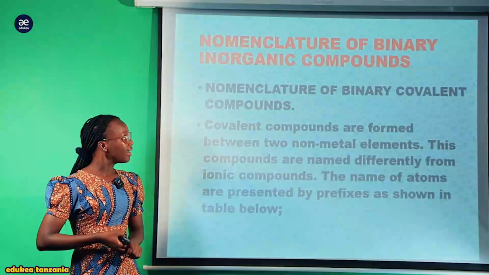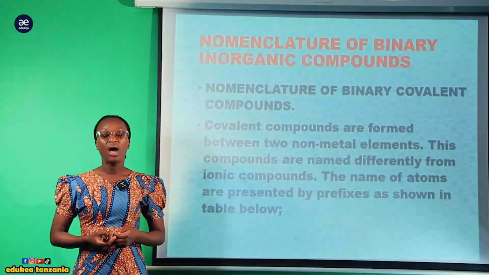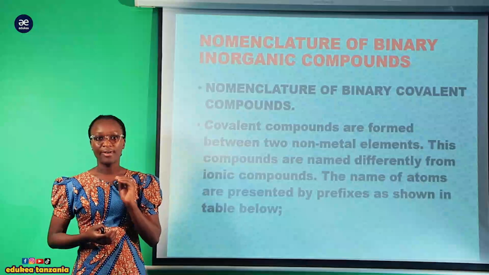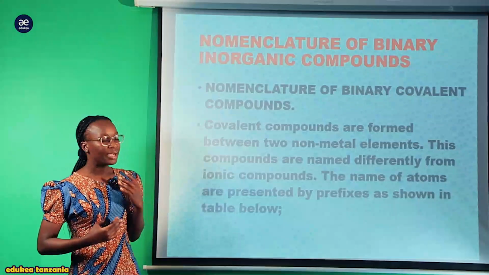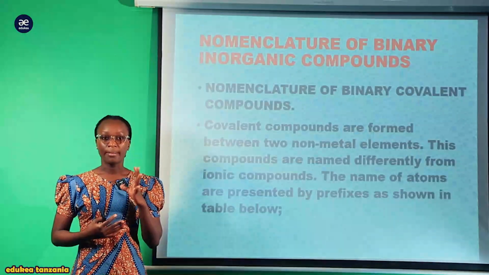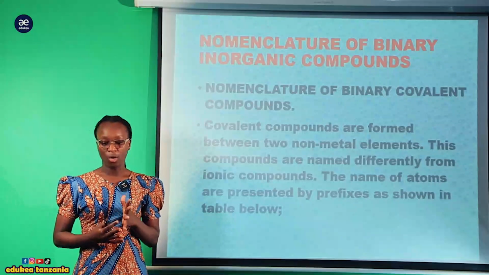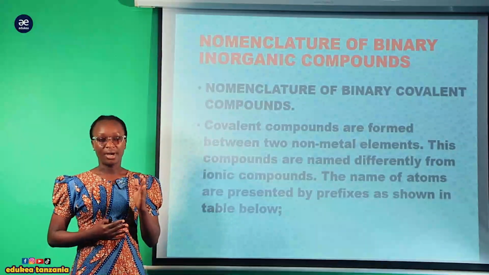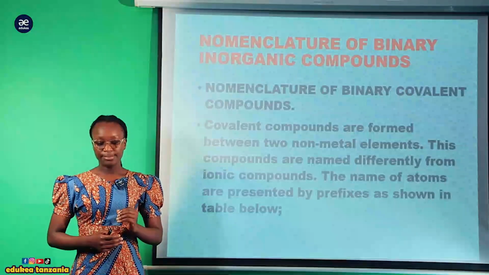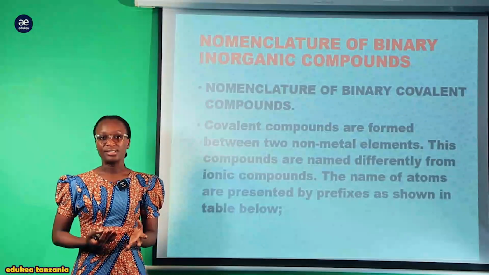The binary covalent compound, here we are going to see the concept of valence, but in the nomenclature. Remember that our subtopic is all about the nomenclature of this binary inorganic compound, but the concept is all about covalent.